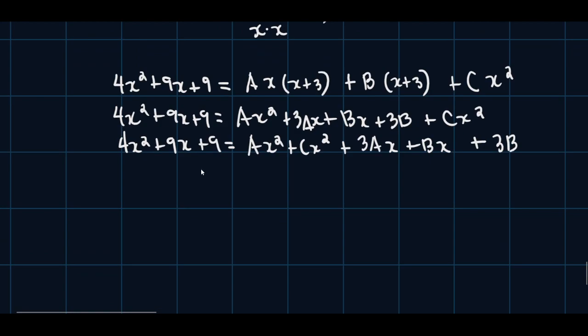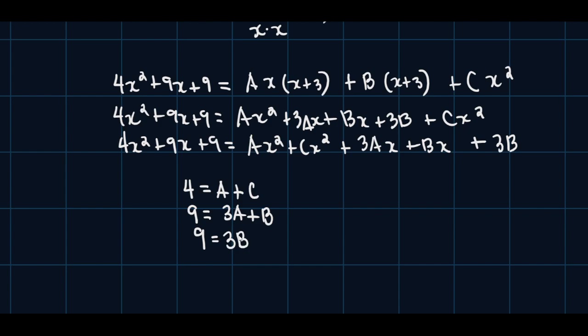Okay, so comparing coefficients, we have 4 equal to a plus c. 9 equal to 3a plus b. And 9 equal to 3b. Okay, so ito yung system na gusto nating solve.